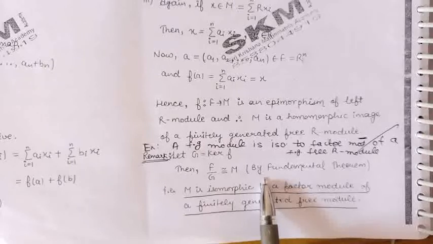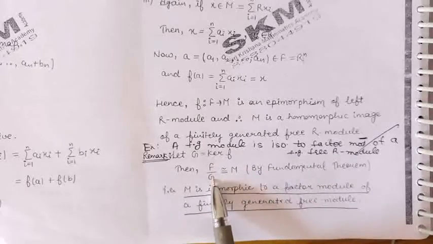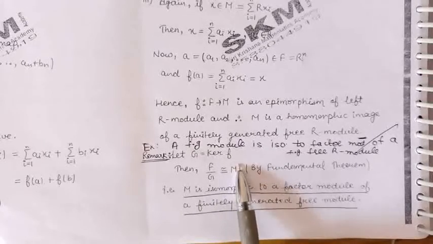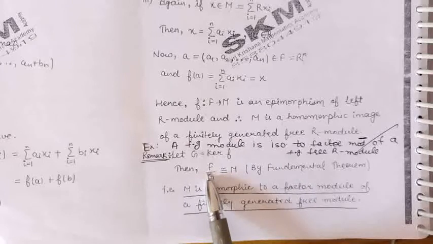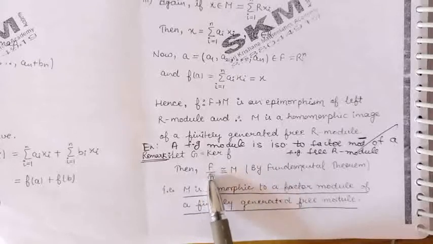By the fundamental theorem of homomorphisms of R modules, the factor module F by G is isomorphic to M. Thus M is isomorphic to this factor module of a finitely generated free module. So this completes the proof.